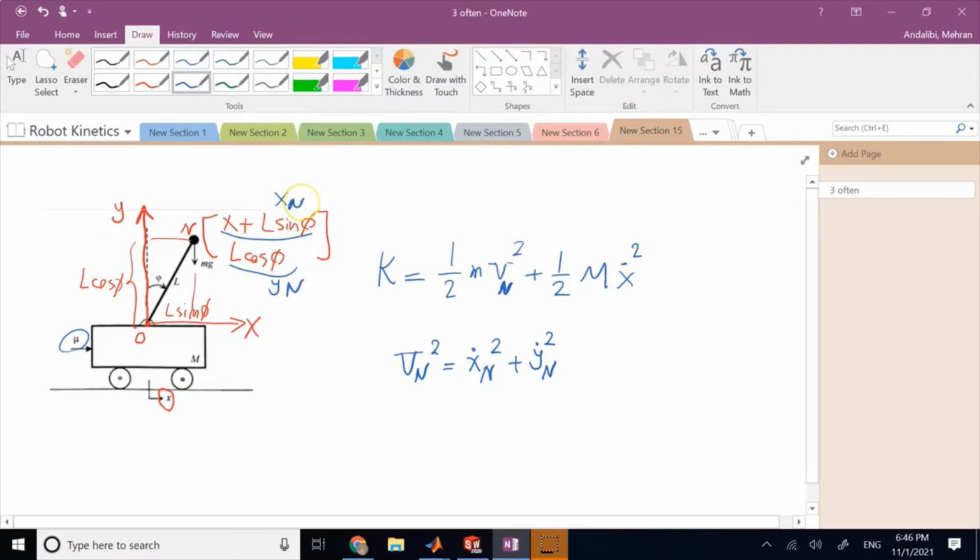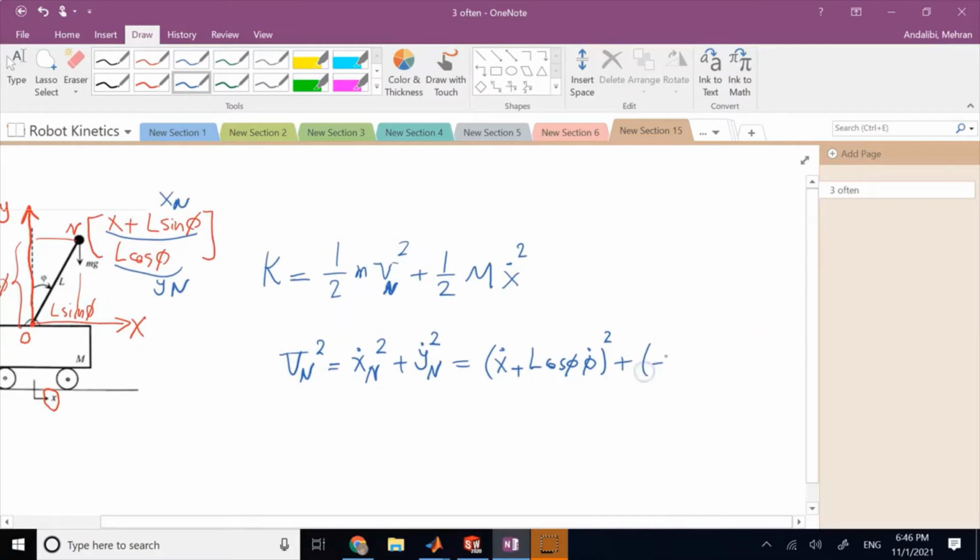And so I need to take the time derivative of those coordinates. The time derivative of the first one is going to be x dot plus L times cosine of phi times phi dot. Here we are using the chain rule. Then the second one is going to be negative L sine phi times phi dot, squared.